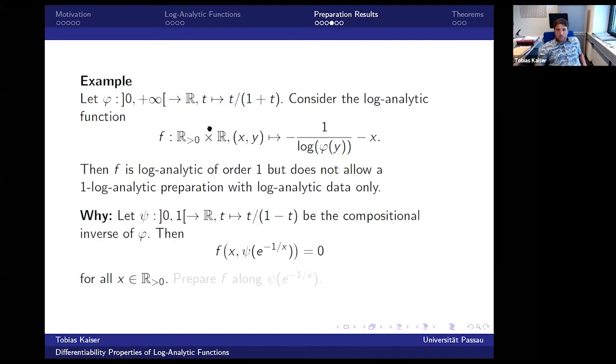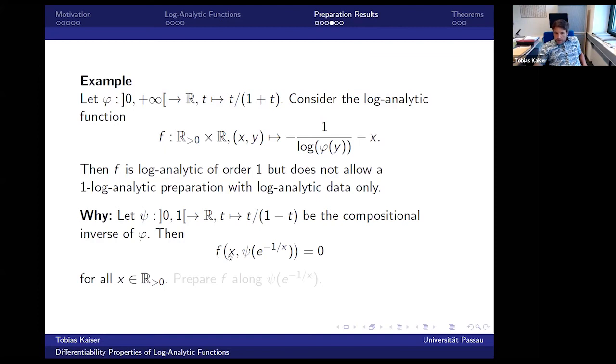Why? Well, I take the compositional inverse of phi, which is psi, which at 0 is more or less the geometric series minus the constant. Then what is the zero set of f?